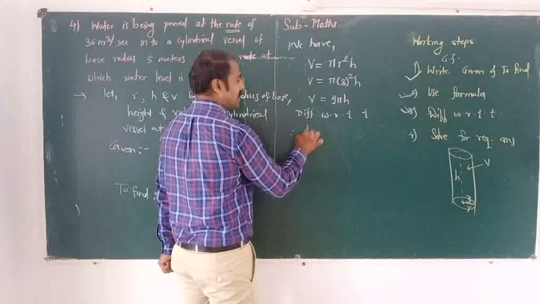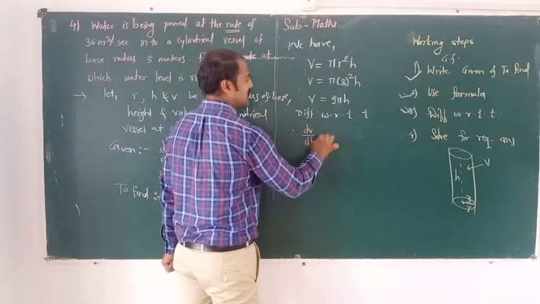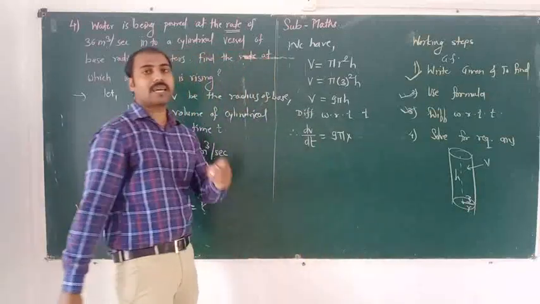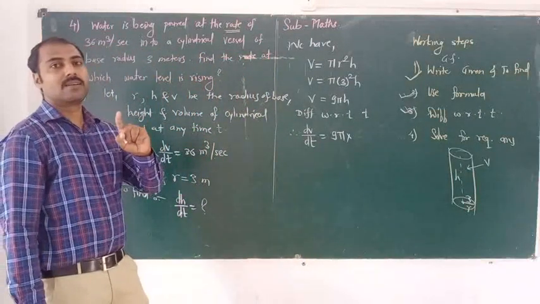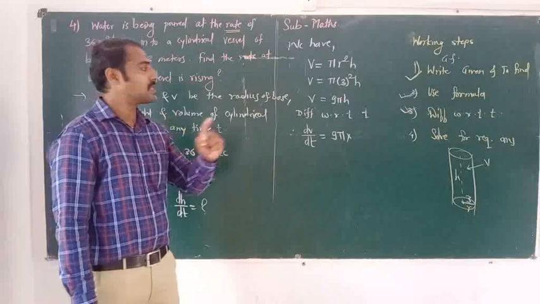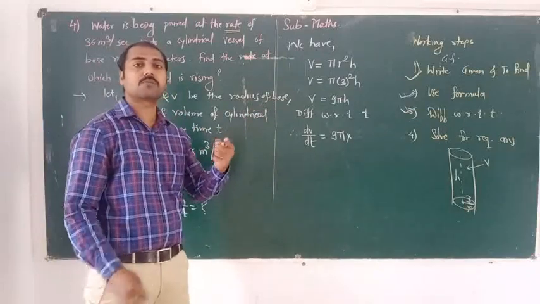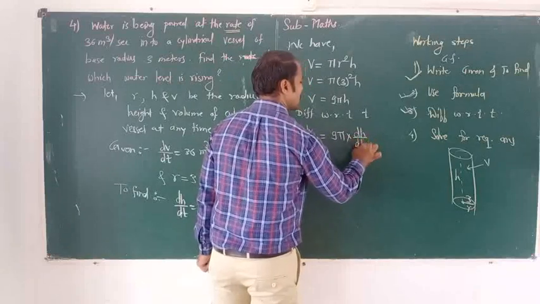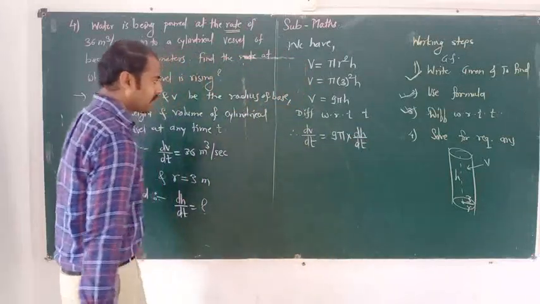So dV by dt is equal to 9 is constant, pi is constant. Derivative of h with respect to h is 1. Since it is differentiated with respect to t, multiply it by dh by dt. So the derivative of h is dh by dt.